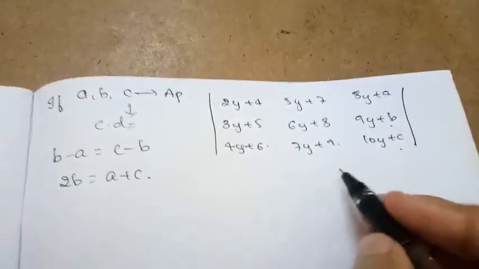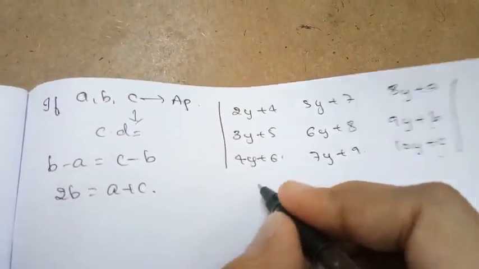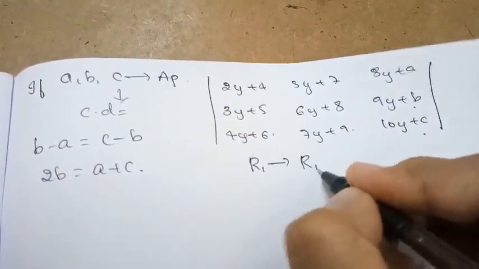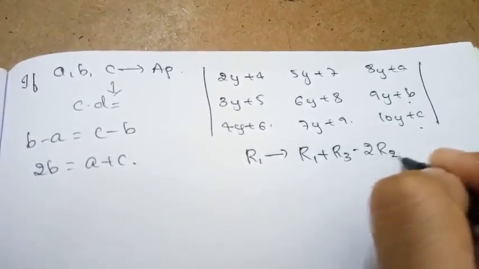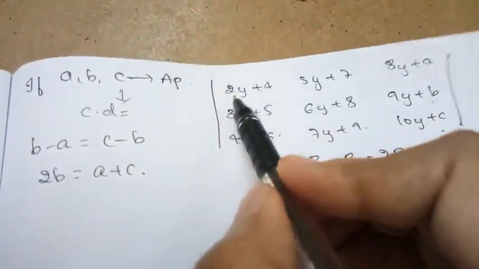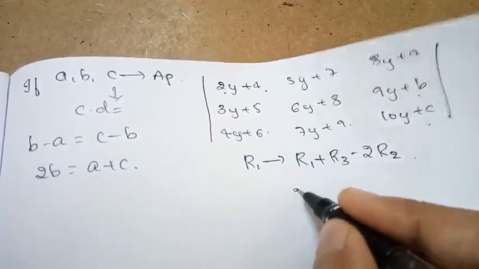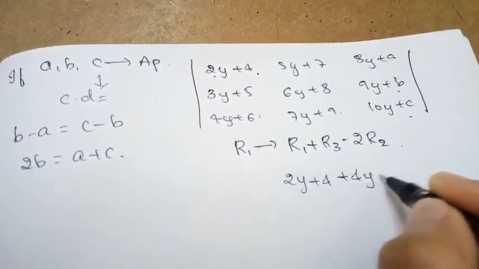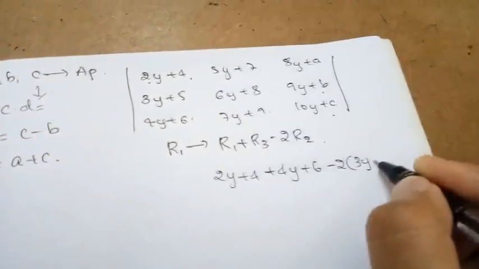Now they asked you to find out the determinant value. So I am using some row operations here. That is nothing but R1 becomes R1 plus R3 minus 2 times R2. So what does that imply? 2y plus 4 plus 4y plus 6 minus 2 times 3y plus 5.